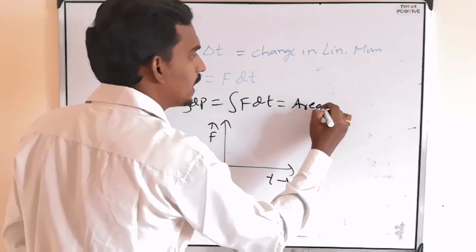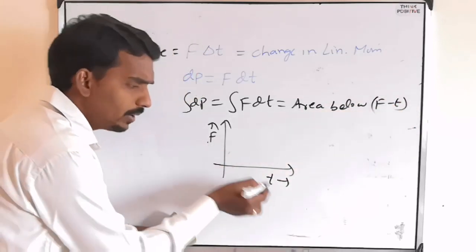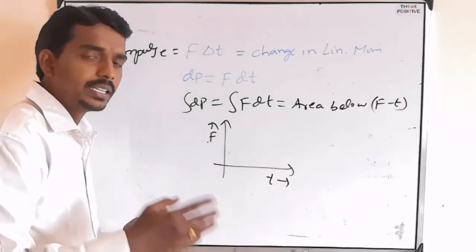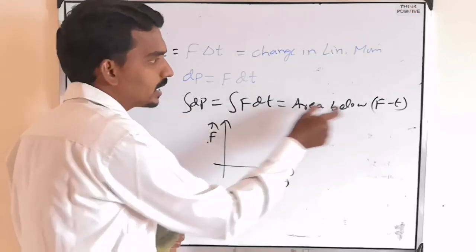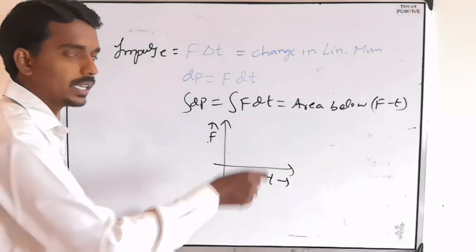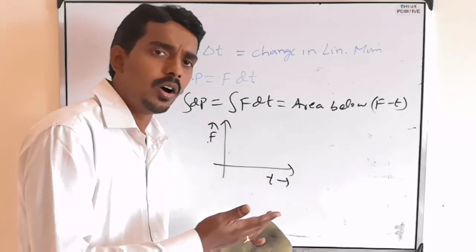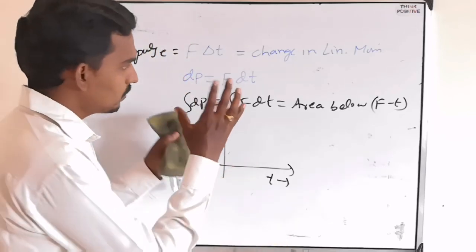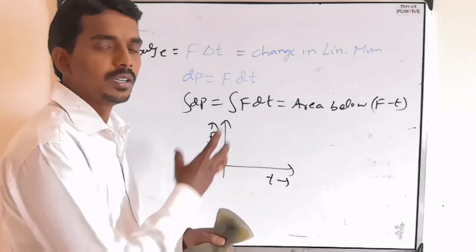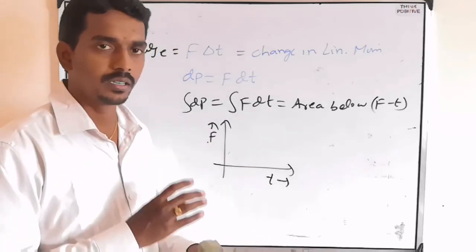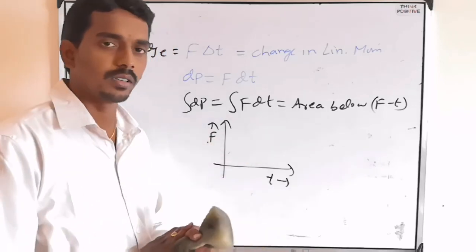This is nothing but area below the F-t graph. So if they give the F-t graph and ask for impulse, you should understand that impulse is nothing but area below the F-t graph. Like change in velocity is nothing but area below the a-t graph. So from the question, using the mathematics and the physics concept, you can do it. But without mathematics, without concept, you cannot solve the question.